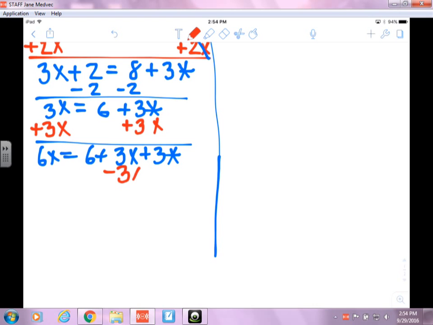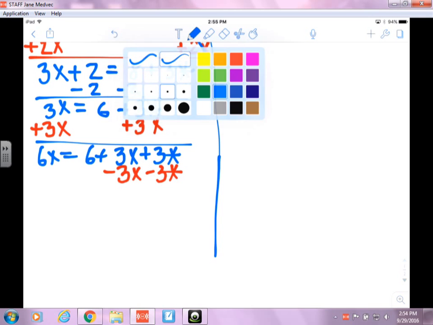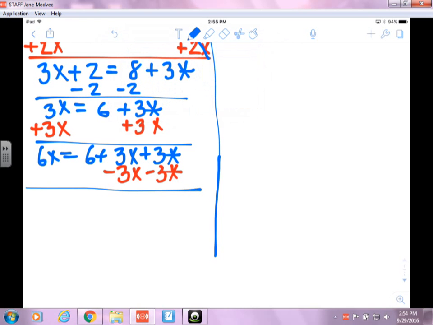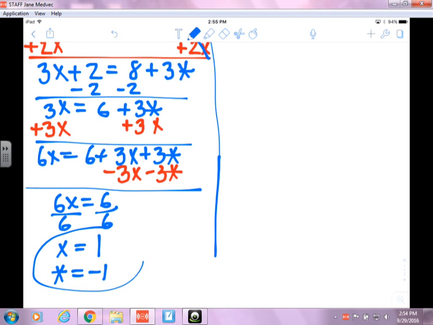I want to see that move. Remember, that's that explosion we talked about yesterday? It's like the brother and the sister that are next to each other and they keep fighting. So now I've got 6x equals 6, and I need to divide by 6. So x gives me 1, and star gives me negative 1.